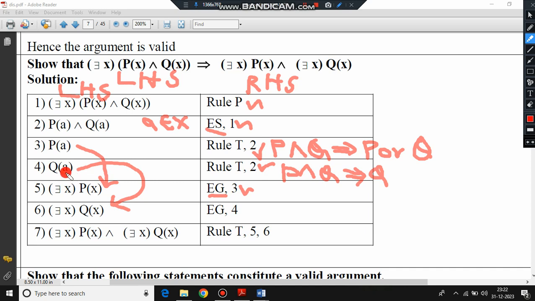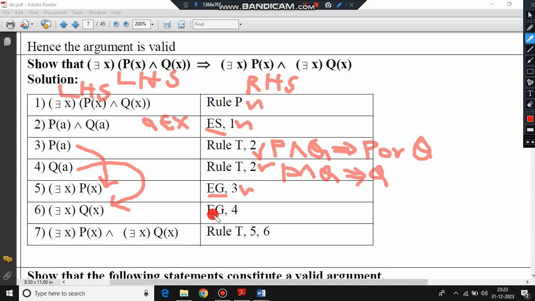There exists some x for which q of x is true. So we are generalizing this specified characteristic for some existential variable.